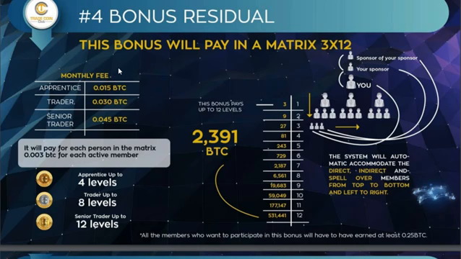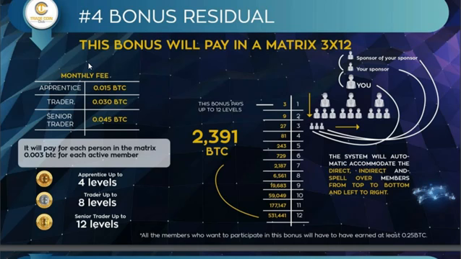Let me repeat that. This is a win-win-win-win scenario for everyone, because once you reach the bonus residual compensation plan, there is going to be a monthly fee, but it will not be charged to you until you've already been earning enough.